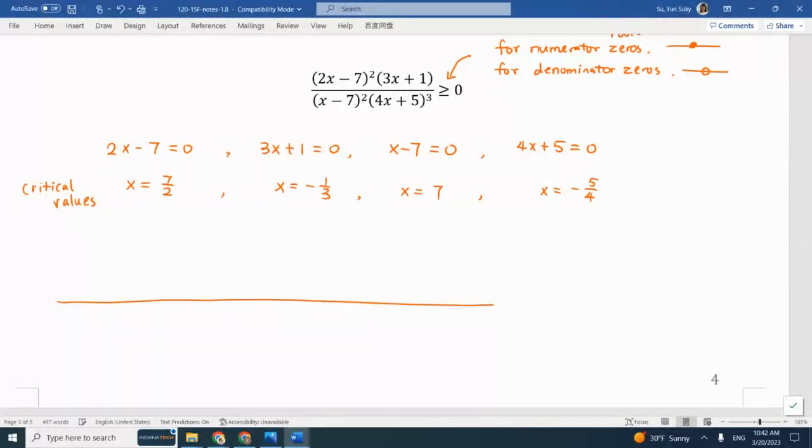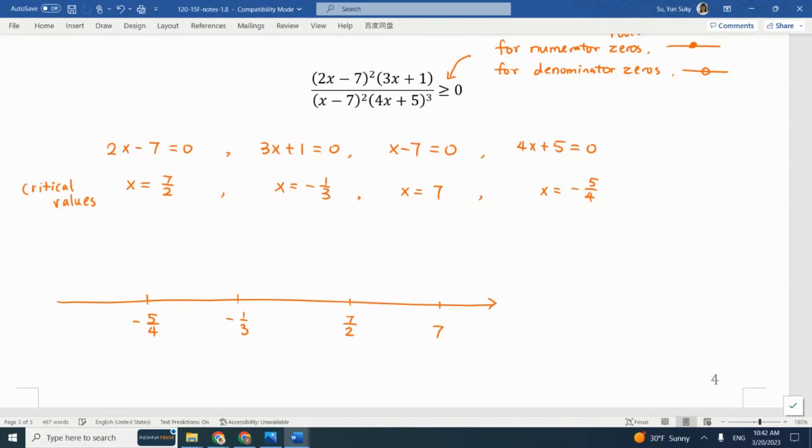So therefore, the real number line. Which number is the smallest? -5/4. The next one? -1/3. Next one? 7/2. Next one? 7. Your numerator is the 7/2 and -1/3, right?